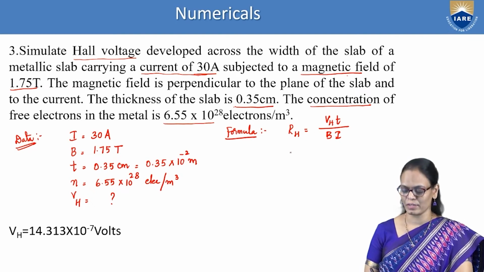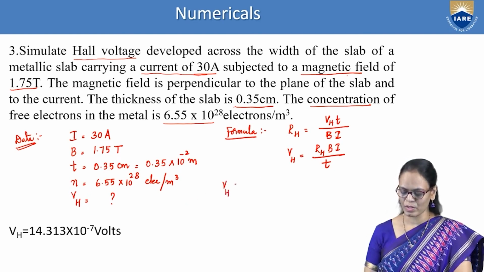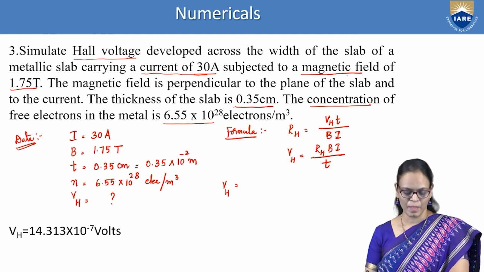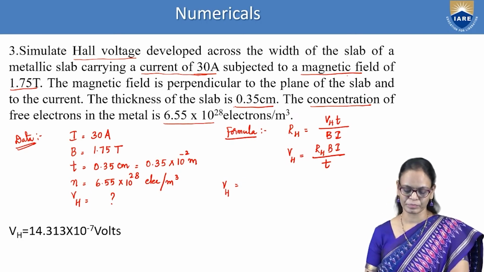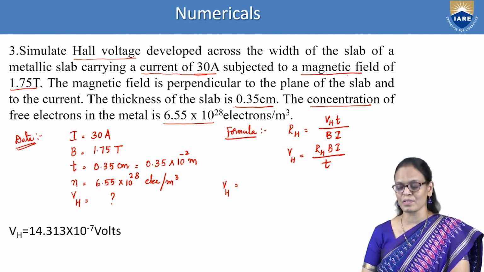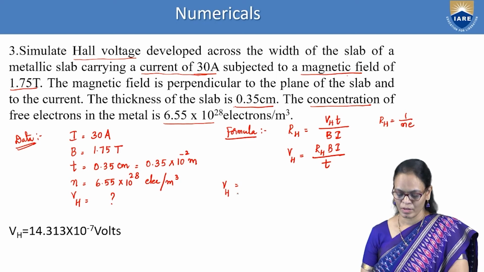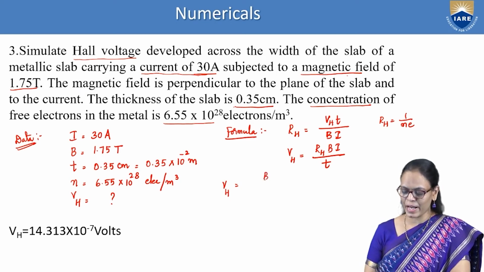So we will rewrite it as VH is equal to RH into BI upon T. Now simply substitute the values for RH, B, I and T. So RH is not given. We are given the concentration of electrons. So for RH, we will substitute 1 upon Ne. So we can write it as BI upon NET.